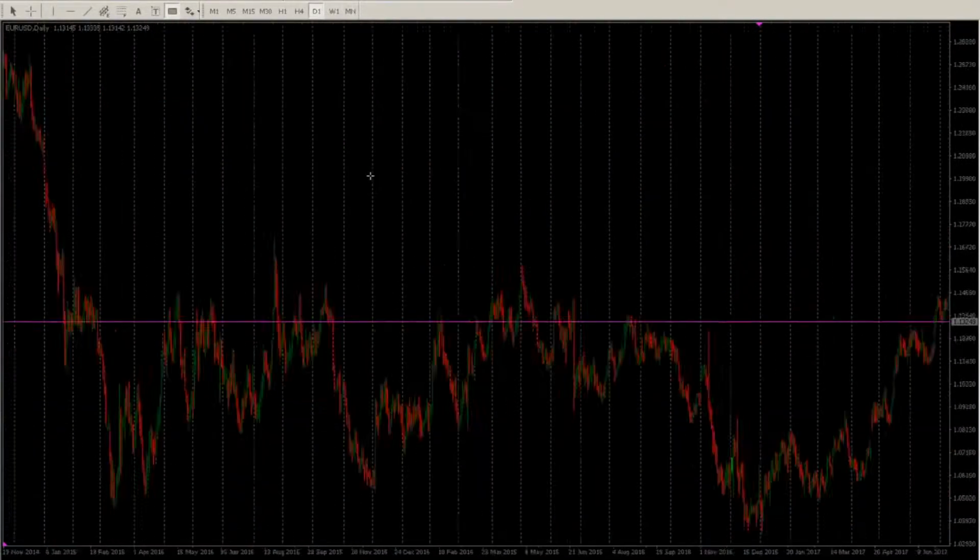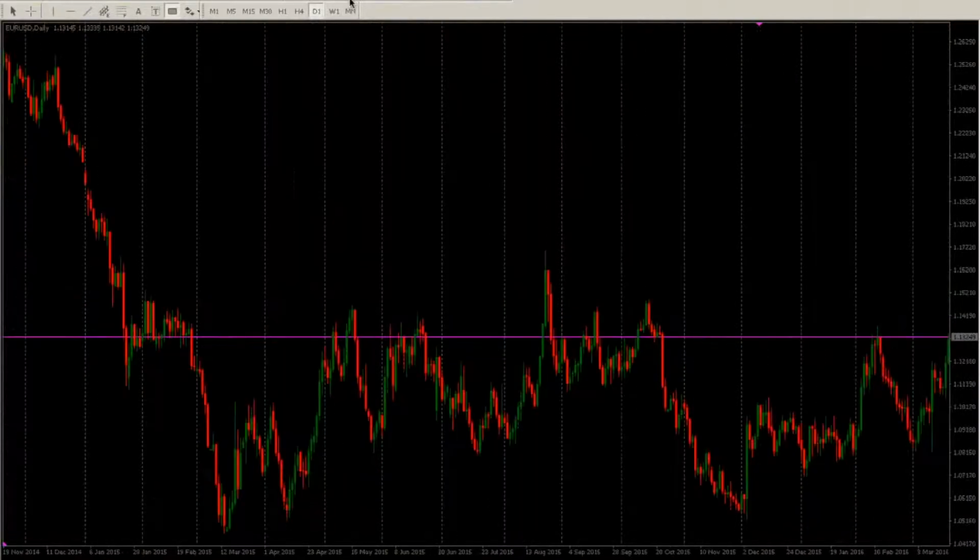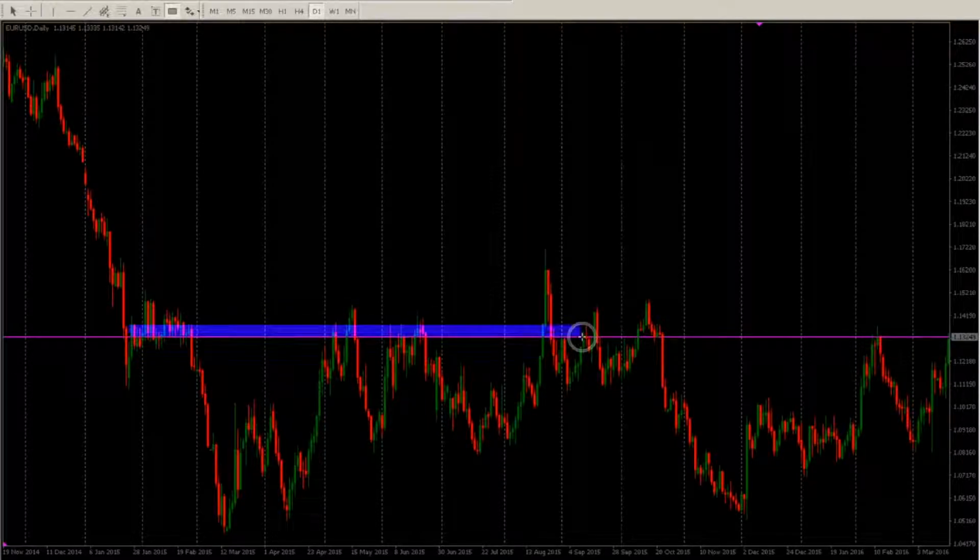So I go to that area previously. This is it. Go to that area and then I check. From here, you can see this is a very important area. The market came up, failed to break, went down heavy.